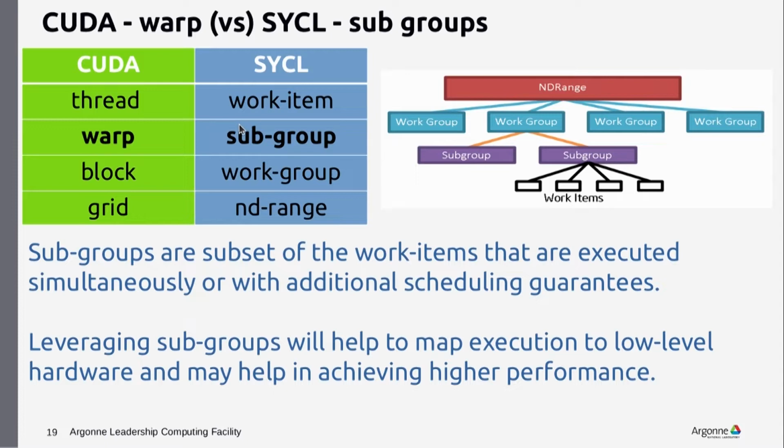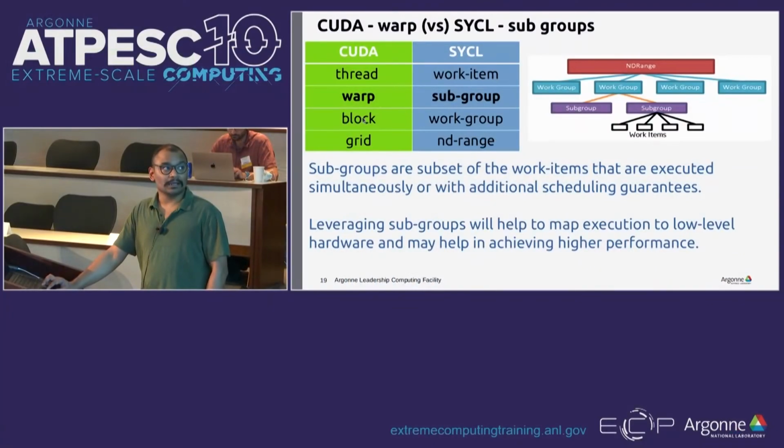Many of you who have written CUDA might have at some point touched warps, sync warp functions, or warp primitives, anything related to warps. It's quite friendly to use these days than in the old days. So a warp is nothing but a very small subset of a collection of threads. Let's just call it that way. So a warp lies in between threads and blocks. That's the hierarchy. Similarly, a subgroup lies in between the fundamental unit of work items and work groups.